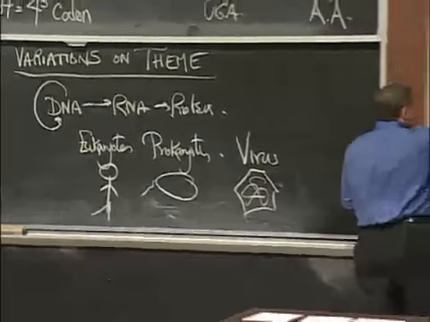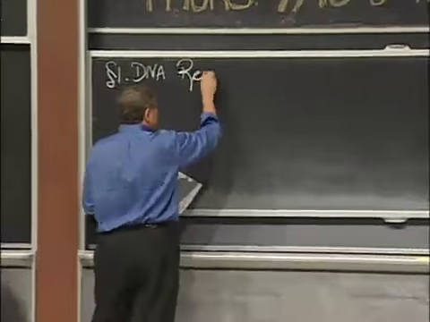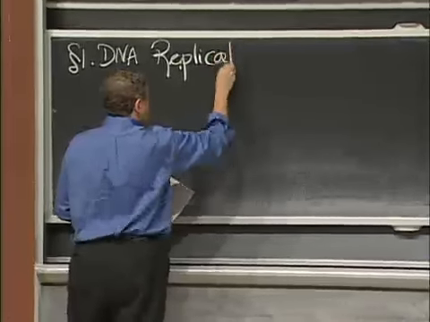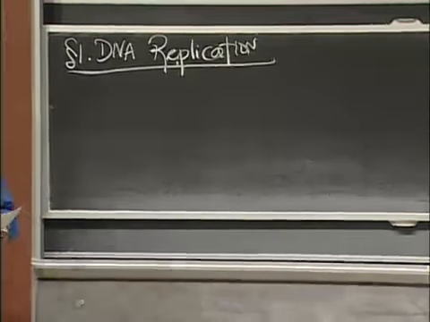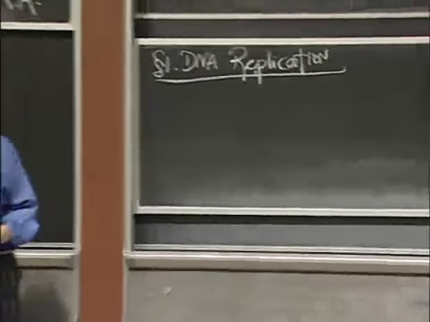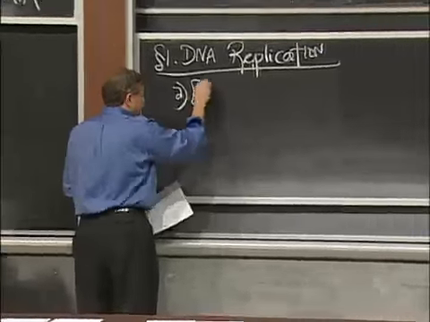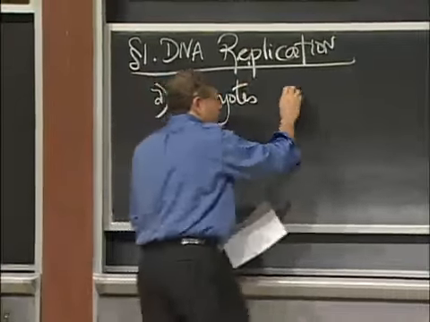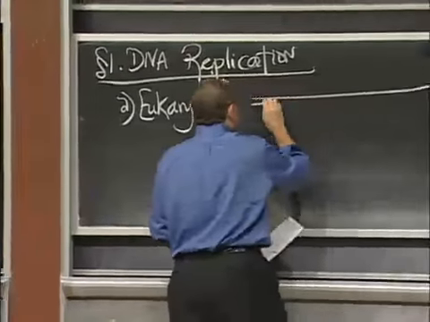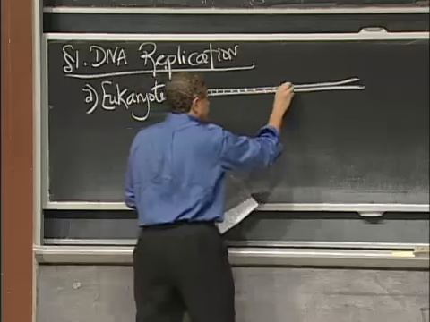Let's start with DNA replication. For eukaryotes, your genome are long, double-stranded DNA molecules, and they're linear.